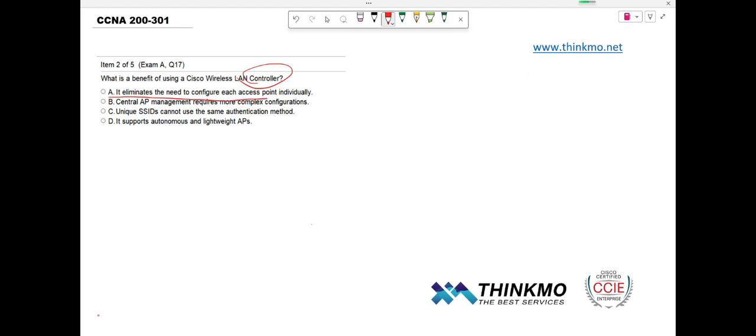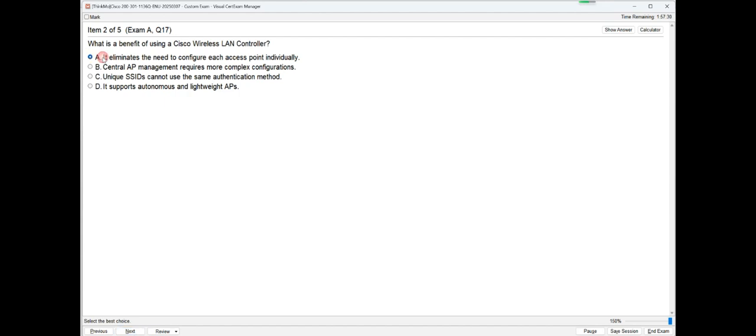The benefit is that you don't need to configure each access point separately. This one is correct, and the ones below are all wrong. Then it mentions that the automated, autonomous, and lightweight APs are incorrect, and different SSIDs using different authentication methods is also incorrect. So for this question, the answer is A.